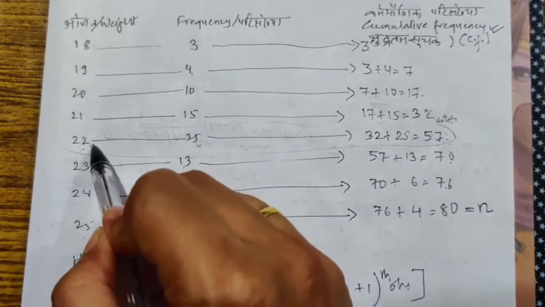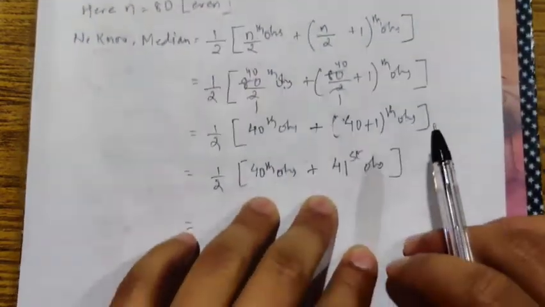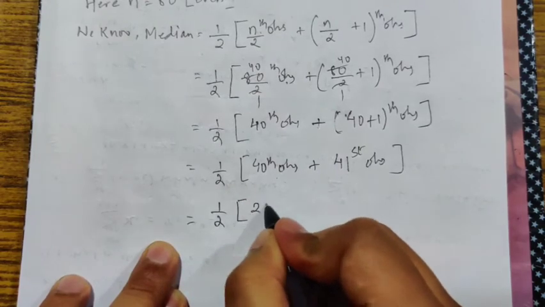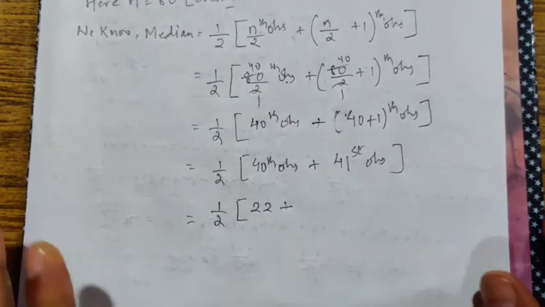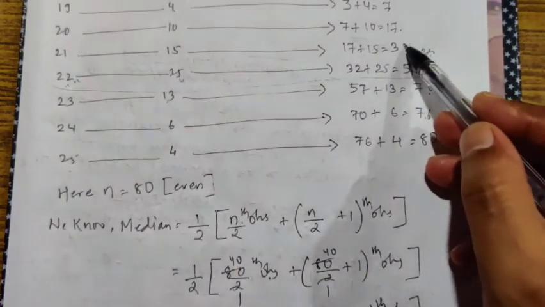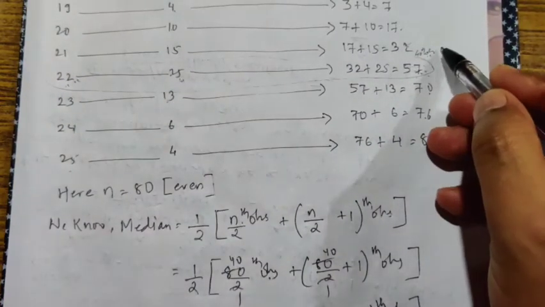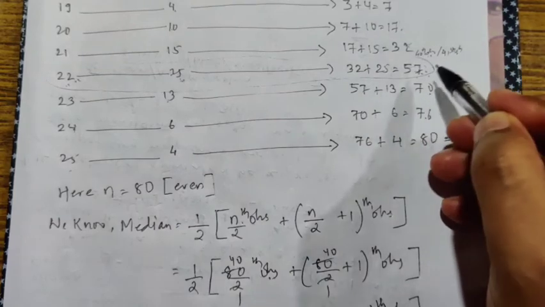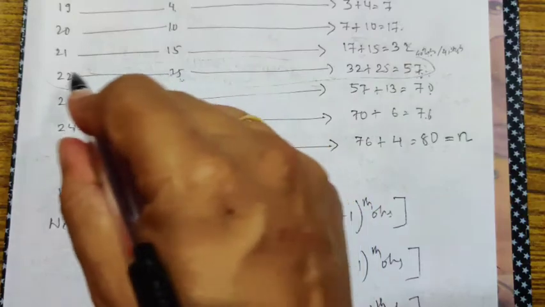How much? 22. So our 40th observation is 22. And let's see where the 41st observation will fall. So this is 32, this is 57. So again the 41st observation is falling here only. So you'll have to consider this same one again.